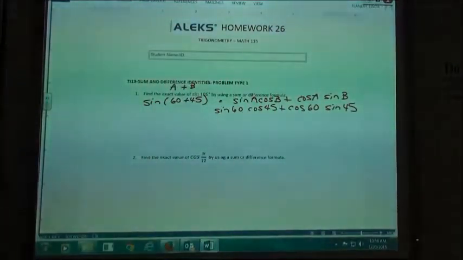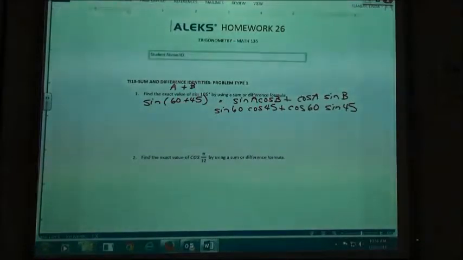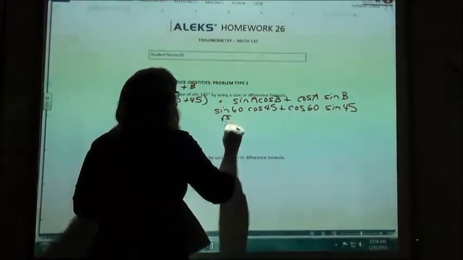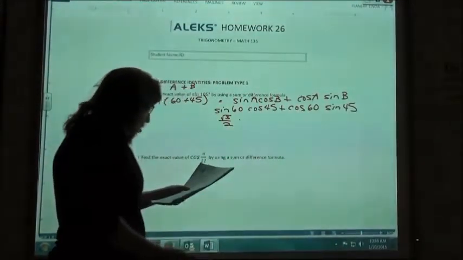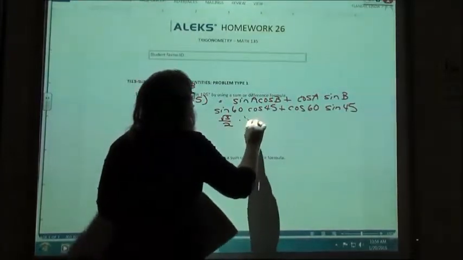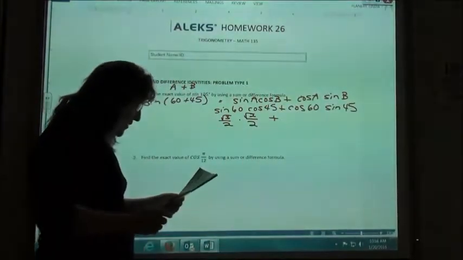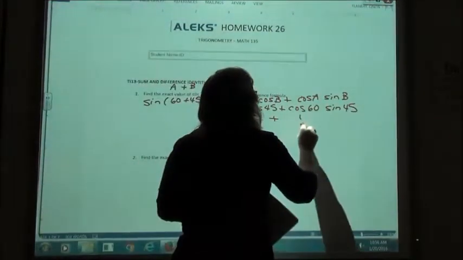So this is where I want to grab my other piece of paper with my table in and look up what is the sine of 60. The sine of 60 is square root of 3 over 2. Cosine of 45 is square root of 2 over 2. Cosine of 60 is 1/2.